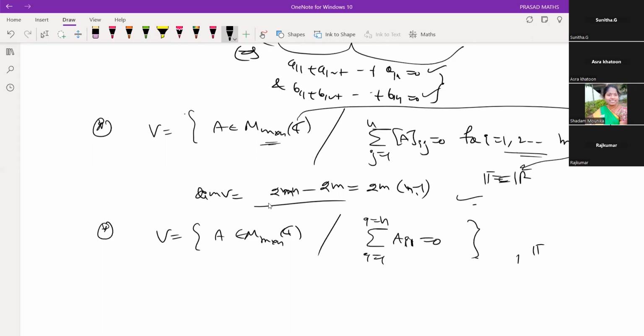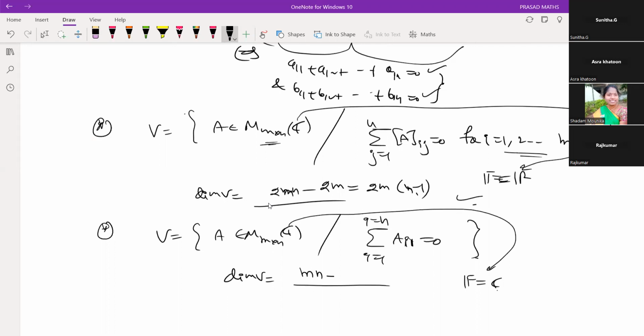So my field is the complex field. What is the dimension? mn minus n. My field is the complex field, so the field and scalars are the same, therefore total scalars minus conditions, one condition.